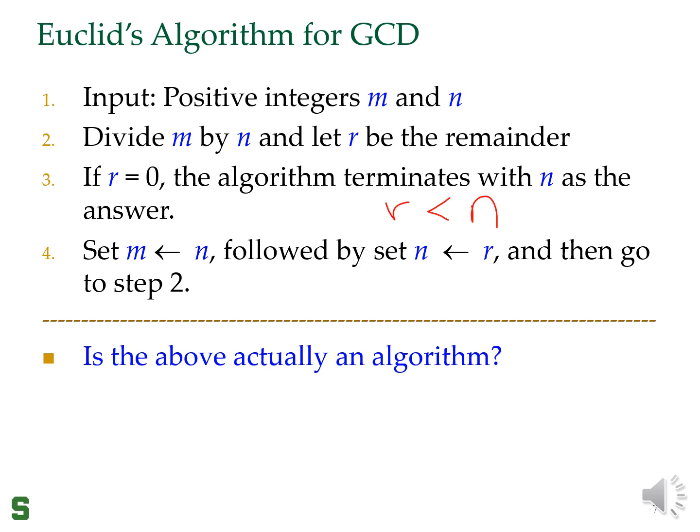So if I just focus on the parameter n, the first time I'm calling it with parameter n, next time I'm calling it with r, and r is definitely smaller. So that means the second parameter keeps getting smaller every time, and that means eventually it will get to 0, and when it gets to 0, the algorithm will terminate.